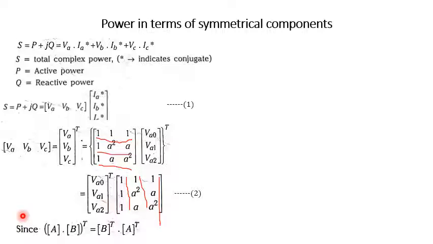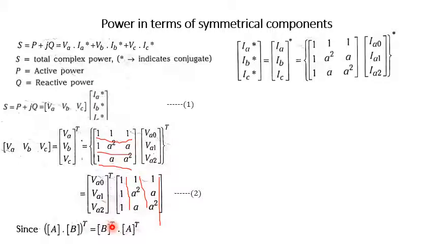Since we know that (A B) transpose can be written as B transpose A transpose, the same way we write the values of the line currents IA, IB and IC using the symmetrical components, with the conjugate of the matrix. This can be written as [1 1 1; 1 a² a; 1 a a²] multiplied by [IA0 IA1 IA2].